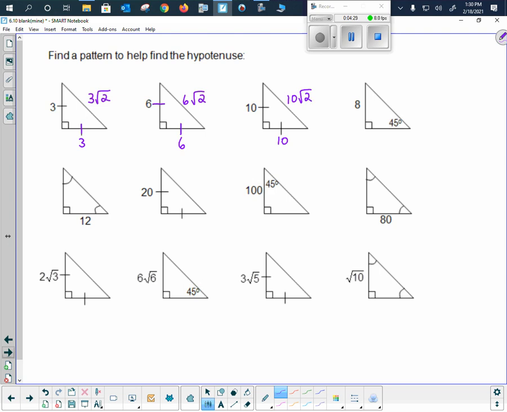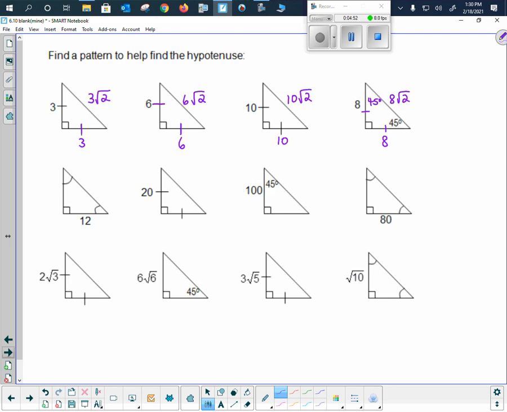And then the last one here in this column, is this a 45, 45, 90? Well, if you do 180 minus the 45 and the 90, you would see that it is, which means you're supposed to know automatically that these two legs are equal. So this would be 8, and this would be 8 root 2.